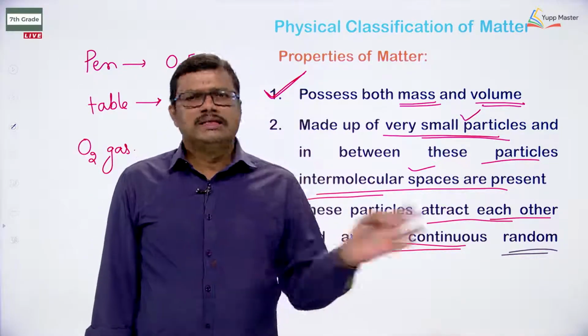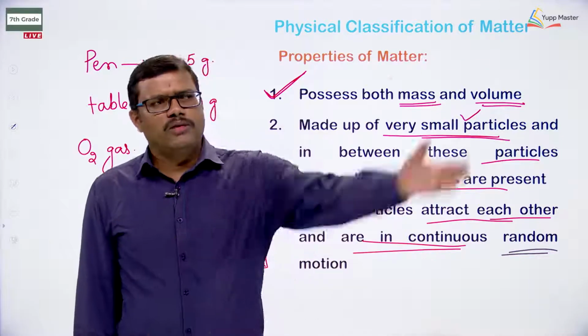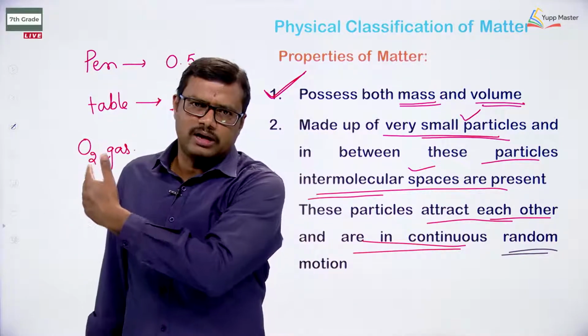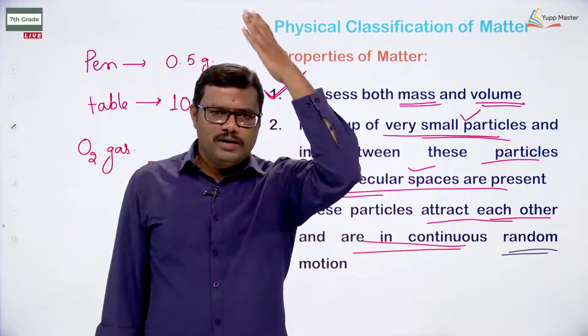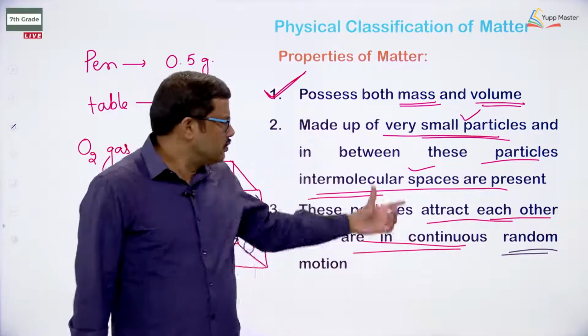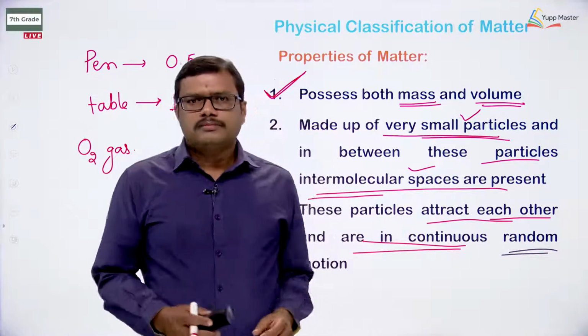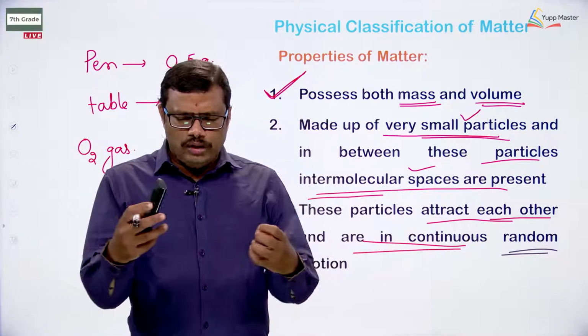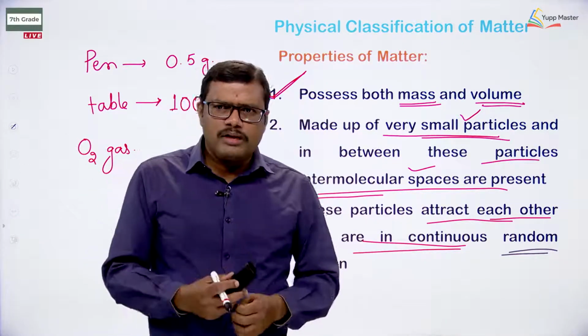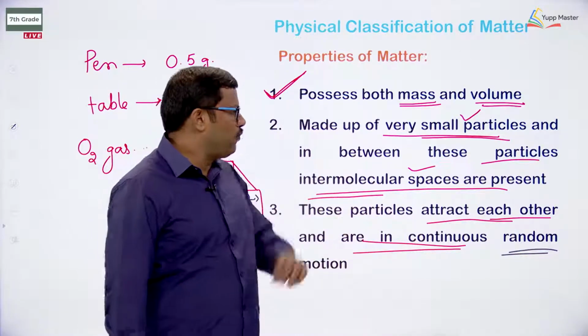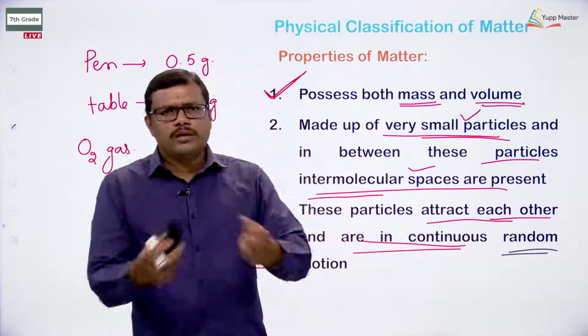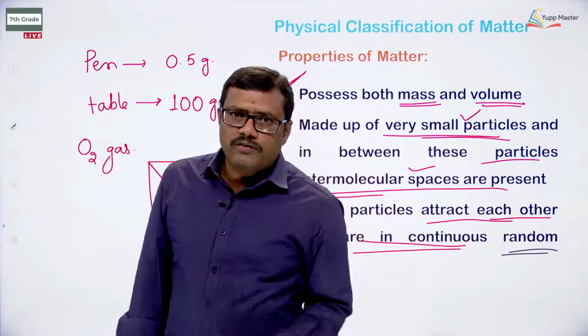They are moving in a zigzag fashion, one molecule moving to that corner, one molecule moving to this corner, one molecule moving upward, one molecule moving downward. So the particles are moving in different directions. And of course, the particles come near to one another. How do they come near one another? Because of the attractive forces that are present. And some molecules are moving away from one another. How do they go away?